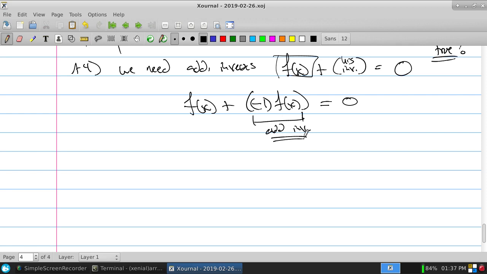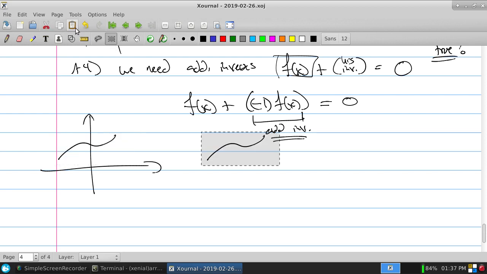What did I really do? Think about this. You have this function right here. I would take this function and flip it over down below like this. What happens if I add those two?